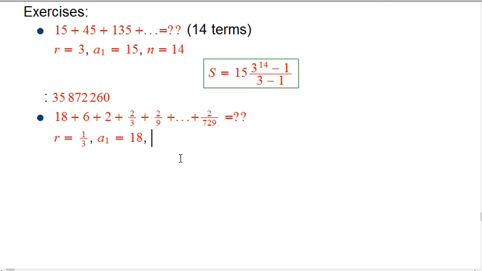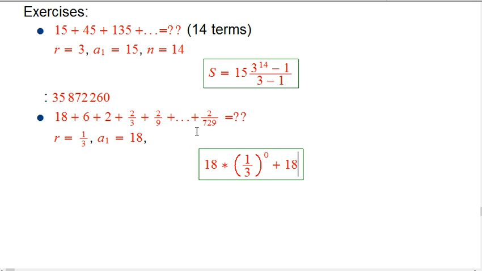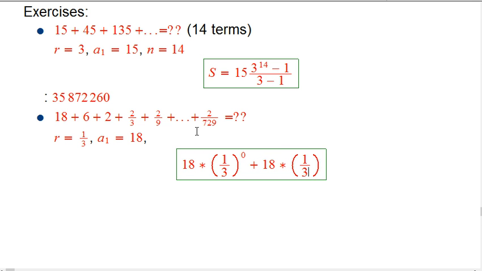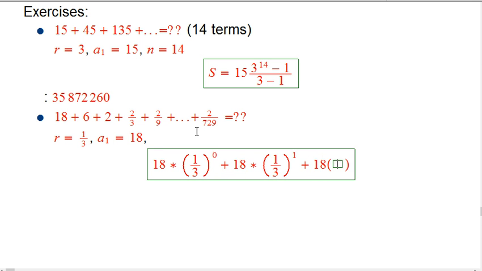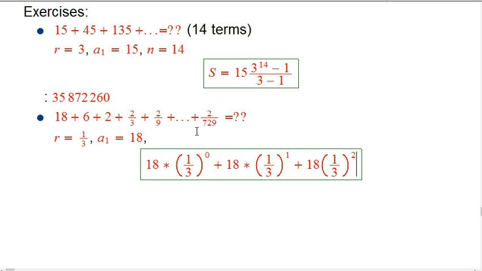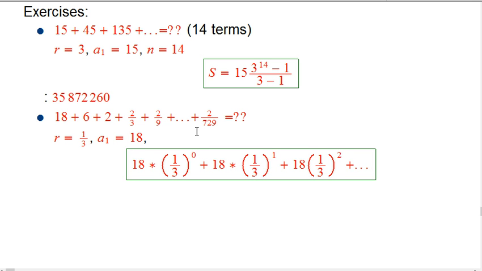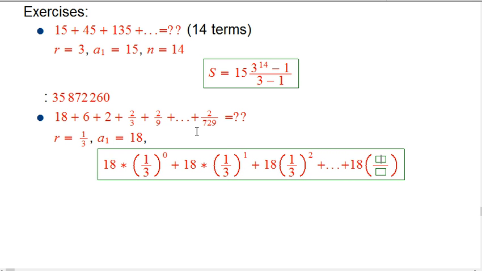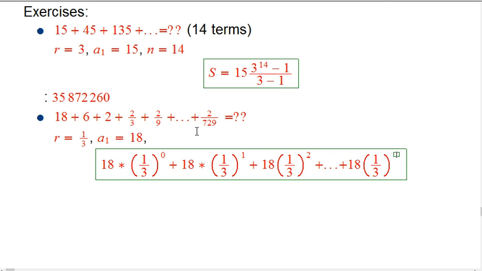Okay, and we've got to figure out n. We basically have to fill in the dot dot dots. We could explicitly fill in the dot dot dots. That's not incredibly hard, but let's do it a little more sophisticated way. We've got the sum 18 times 1/3 to the 0 plus 18 times 1/3 to the 1 plus 18 times 1/3 squared plus, and we want to write it as 18 times 1/3 to the n minus 1.